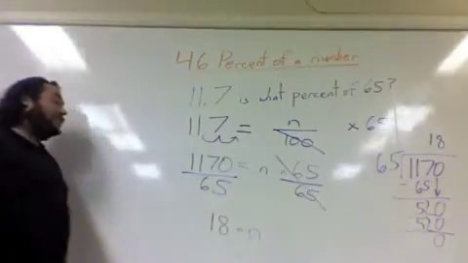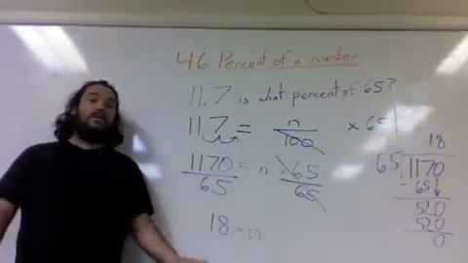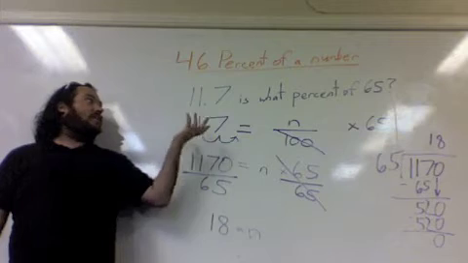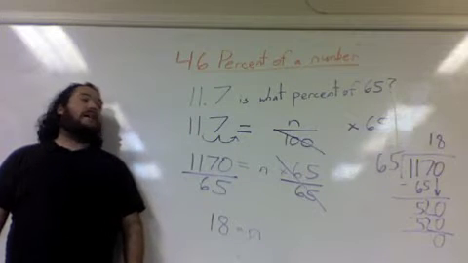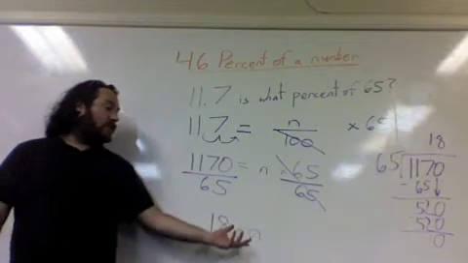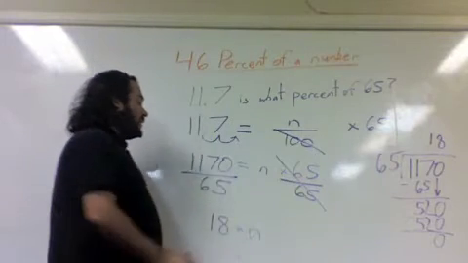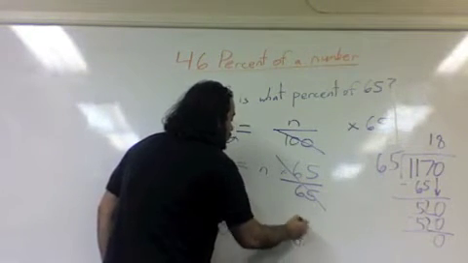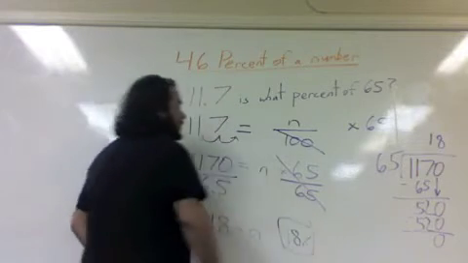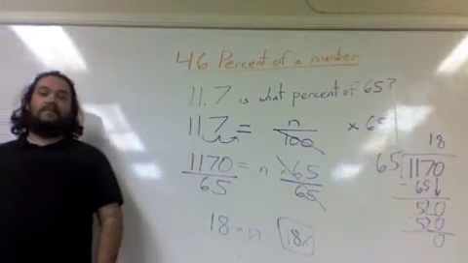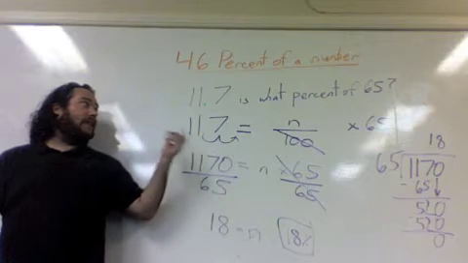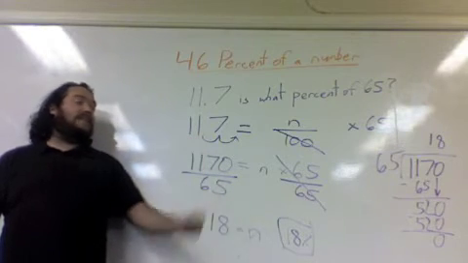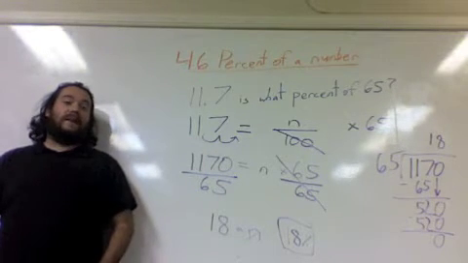That's all that's left on this side. Well, so now the question is, 11.7 is what percent of 65? Here's our answer. 11.7, 11 and 7/10, is 18% of 65.